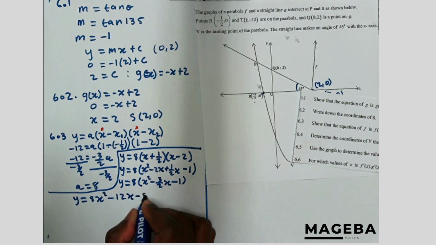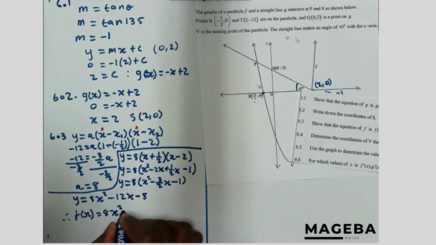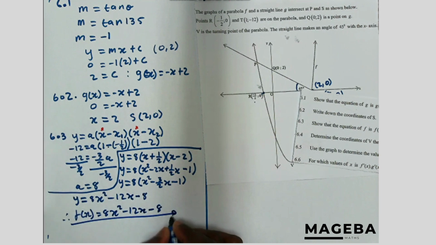It's negative 8. So therefore our f of x, it's what? It's 8x squared minus 12x minus 8. Then we are done. We have already shown that our f of x is equal to 8x squared minus 12x minus 8.